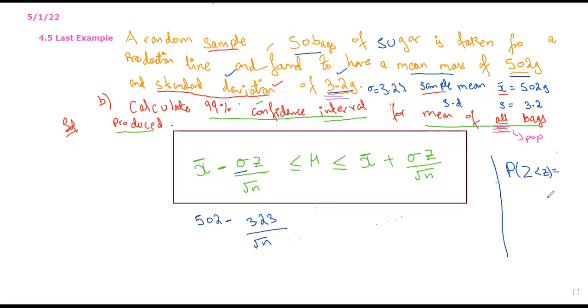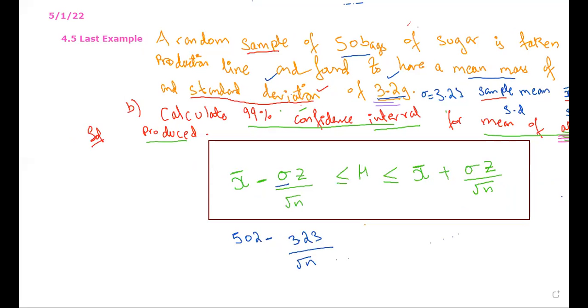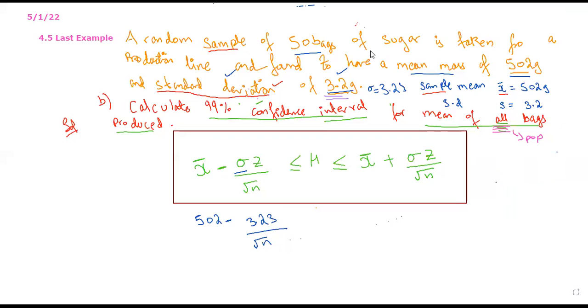Once you have your probability, you would be able to find z. So it is 99 by 100.